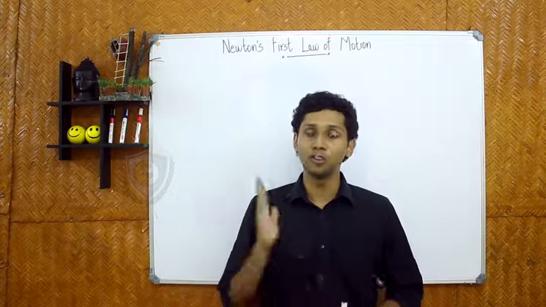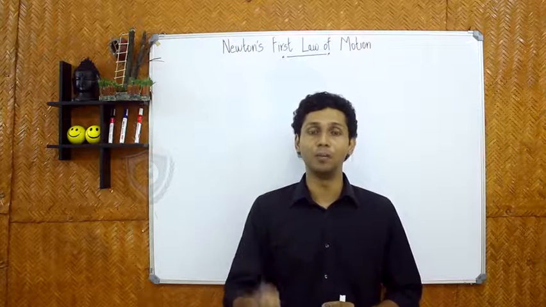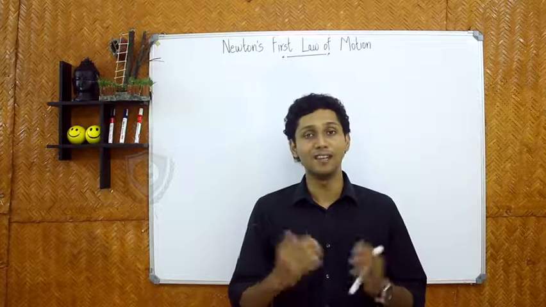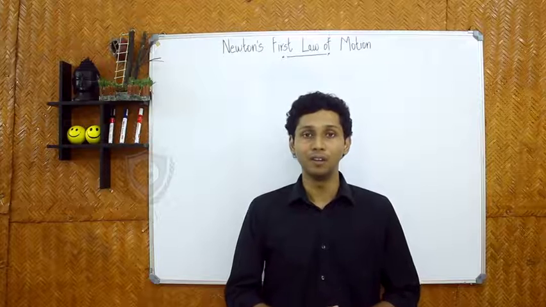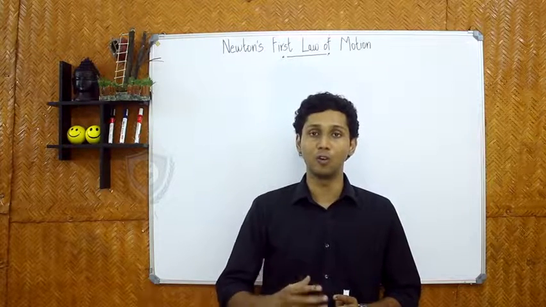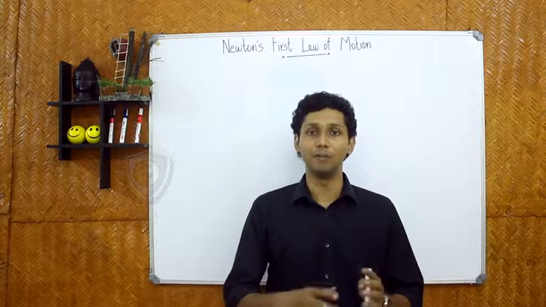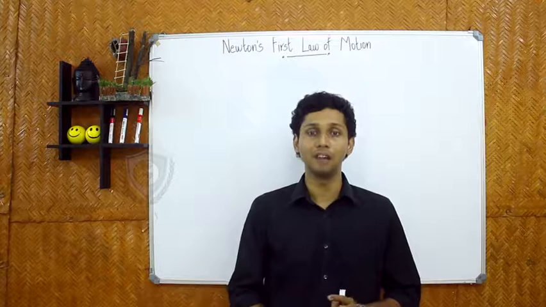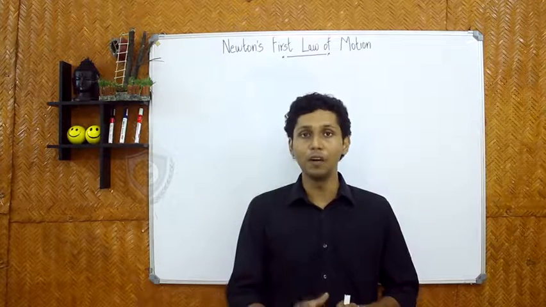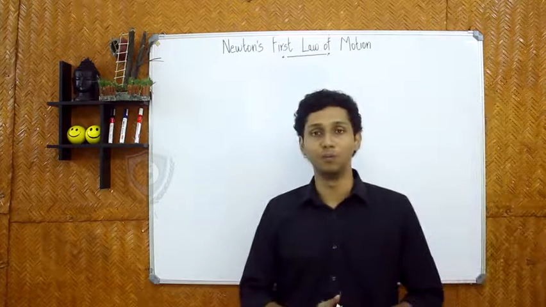Now, if you concentrate on Newton's first law of motion, we need to remember another great scientist. He was an Italian scientist and his name was Galileo Galilei. He was the one who came up with this observation regarding Newton's first law of motion at the beginning. Later on, Newton came up with some of his own observations, mixed them with Galileo's, and formulated all these observations in the form of Newton's first law of motion.